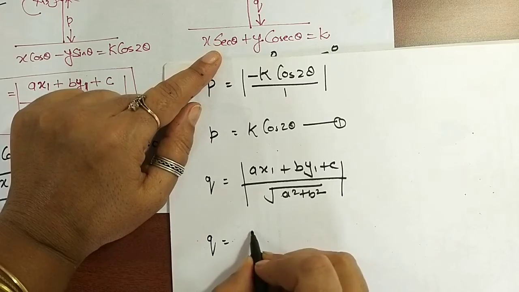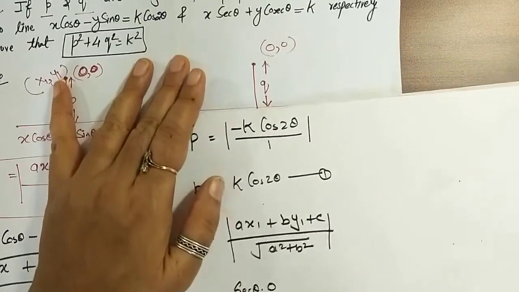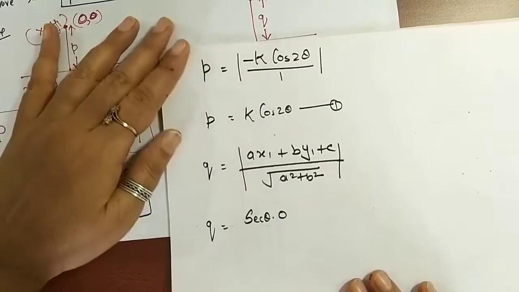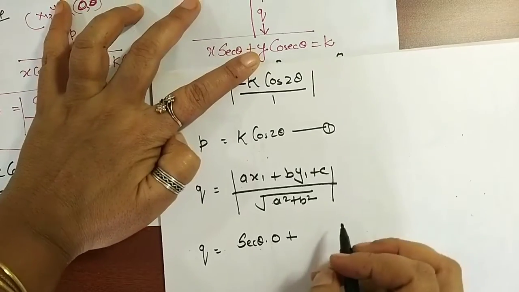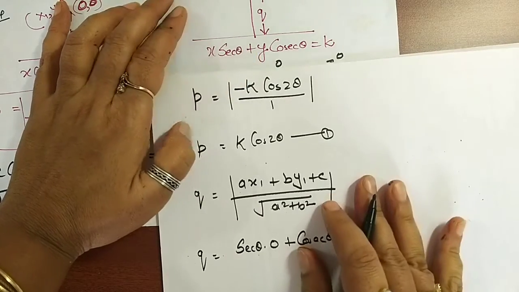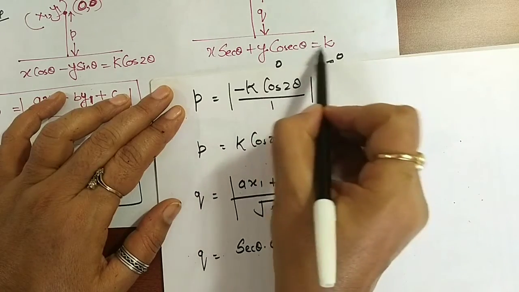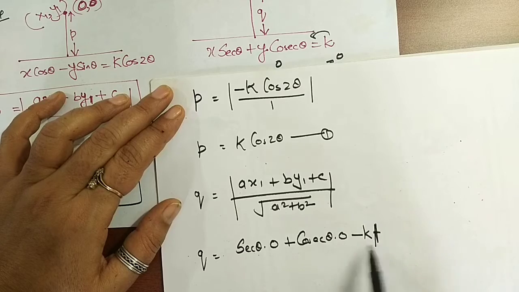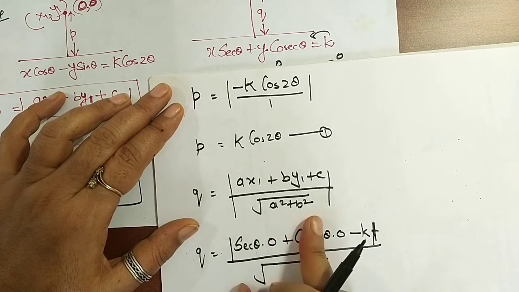So I will take sec theta into 0, because x1 and y1 are 0, plus b, which is cosec theta into 0, plus c. I can write c as minus k, since writing this equation in standard form gives minus k equals 0. So I am taking it here, mod, by under root of a square plus b square.